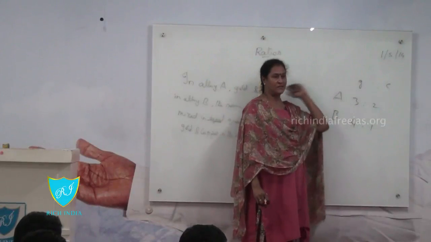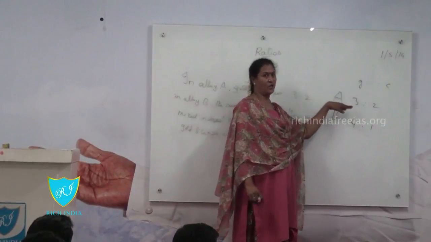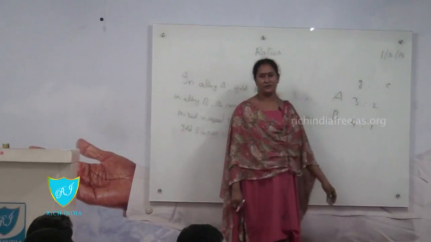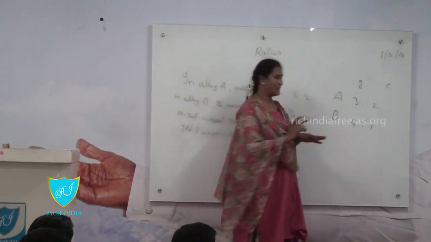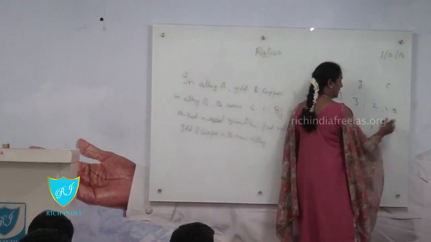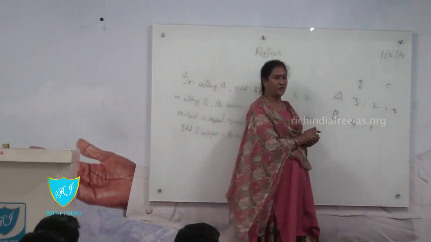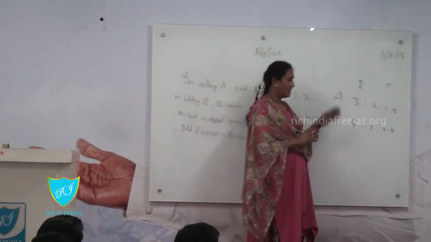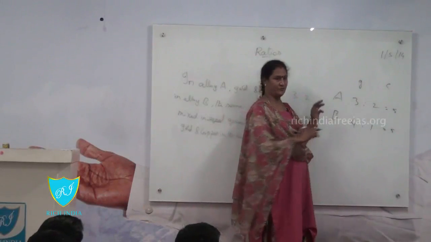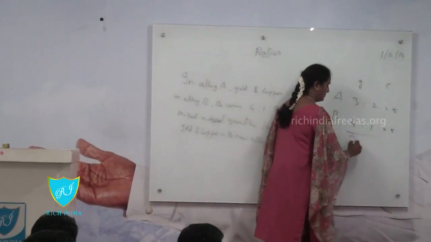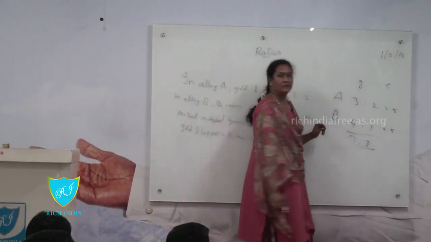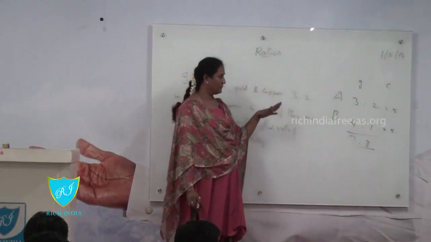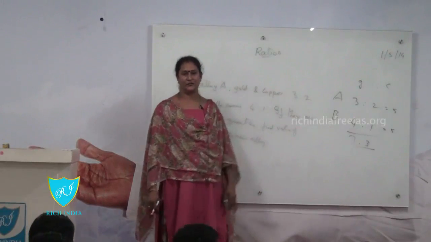How many parts are there? First alloy: gold 3 parts, copper 2 parts, total 5 parts. Second alloy also has 5 parts. When the parts are the same, adding them gives the answer. You add both, and in the new alloy you will have gold and copper in the ratio 7:3.